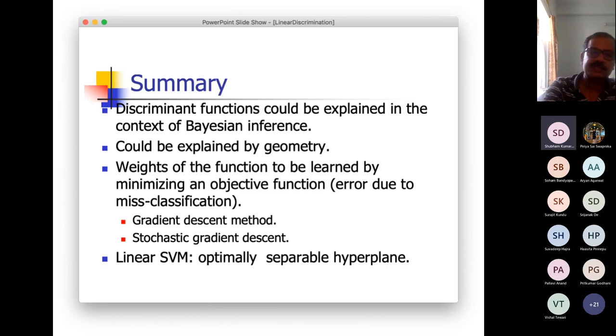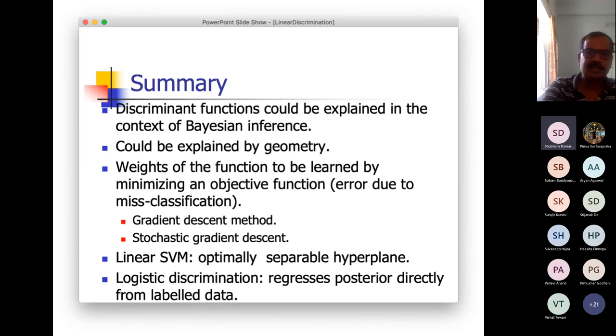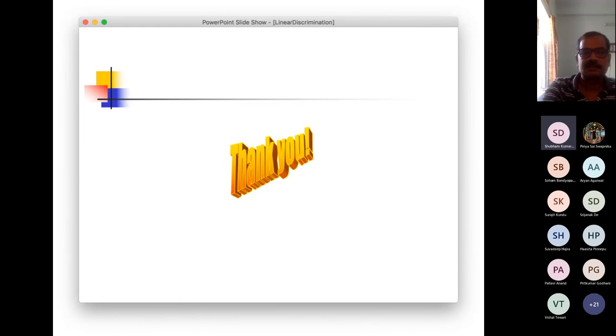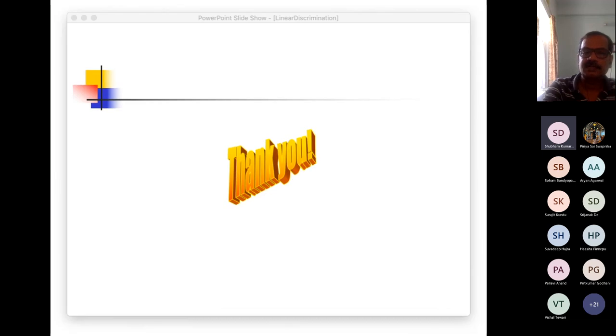So you can use the gradient descent method. You can use stochastic gradient descent, which is a single sample relaxation technique. Then we discussed linear SVM, and finally logistic discrimination, which regresses the posterior directly from the labeled data. So with this, let me stop here today, and let me know if you have any query.